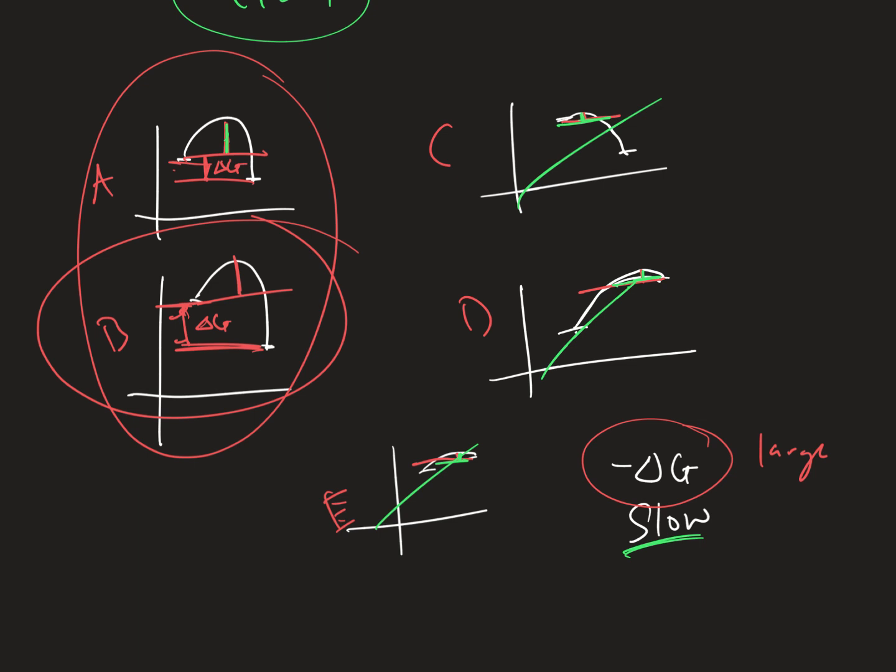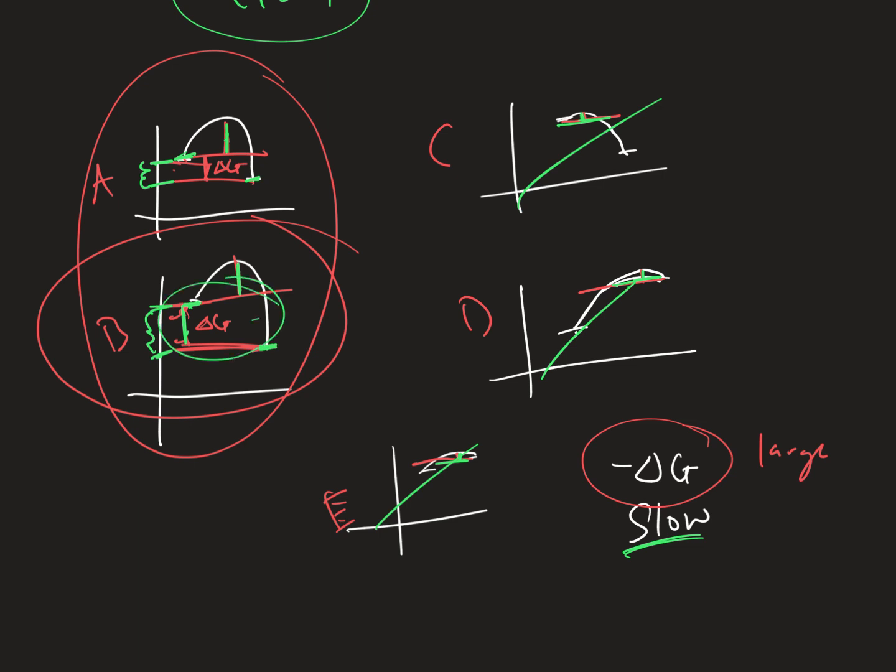This has a large activation energy. So these are the slow ones. Good? And delta G is the difference between the initial energy and final energy. Initial energy, final energy. And remember, the energy is right here. So delta G is that part right there. You with me?